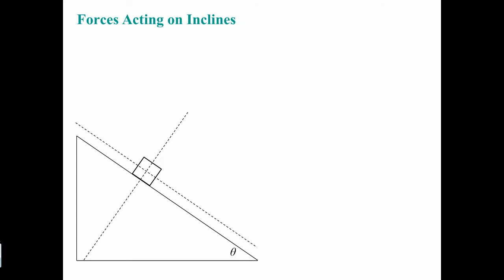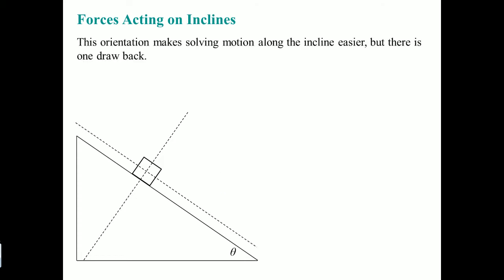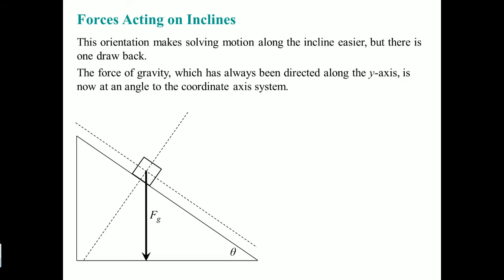Forces acting on the incline. We know that this orientation makes solving motion along the incline easy, because the force of gravity is always directly downwards to the center of Earth. This is perfectly true.